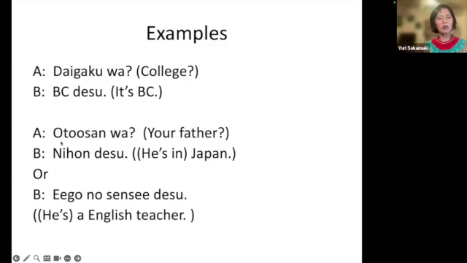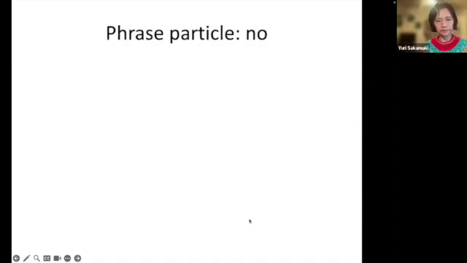Or maybe お父さんは and A wants to know what he does for a living. 英語の先生です. So no kind of explains, the sensei is a bigger idea, and then there are different teachers, English teacher, math teacher. So the word before no explains the following noun. I will explain that to you more in just a bit.